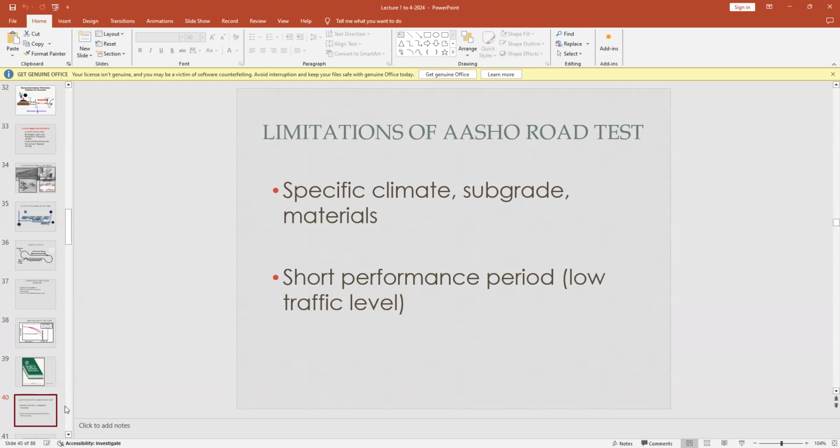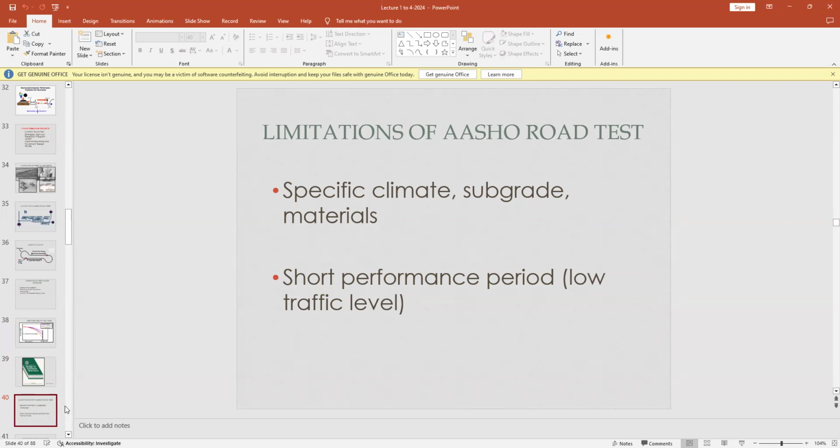The specific climate, the US climate, the Pakistan climate, the Asian climate is different. The subgrade materials they have used, though they have each time used lower material of less than CBR 5, still it's limited. You may not have CBR 5 material all the time. You may have a better material, or we may have a worse material.